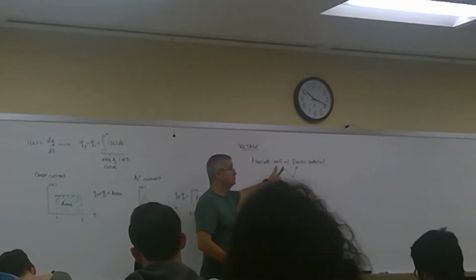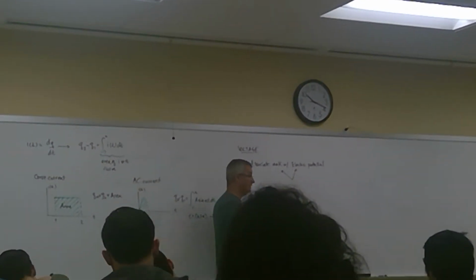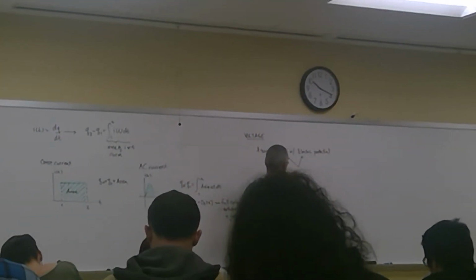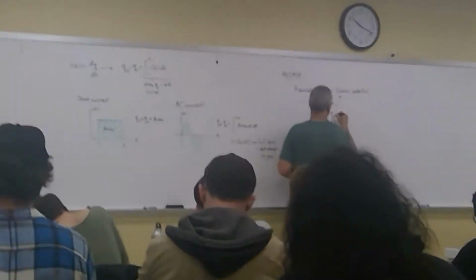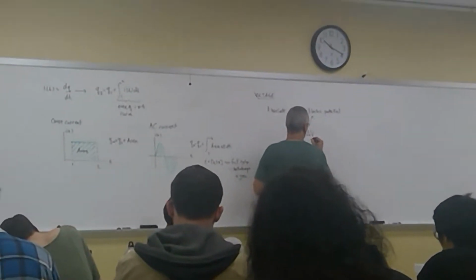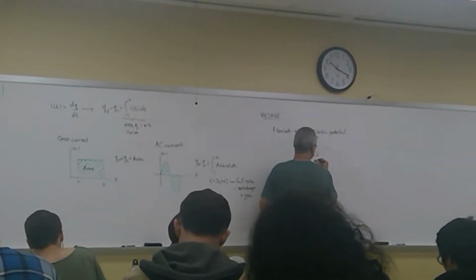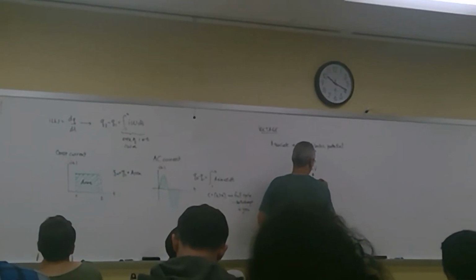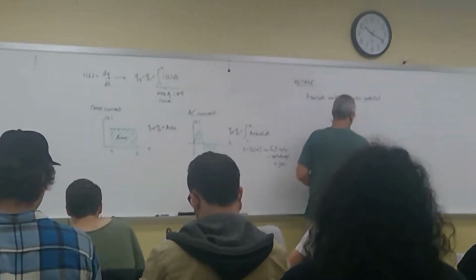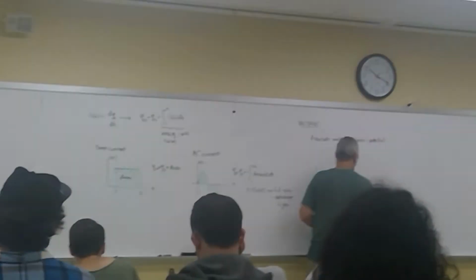This has units of joules. And the way we typically connect these is we think about work as being the charge times the voltage difference here. So what you'll find here is that this assumes constant voltage.